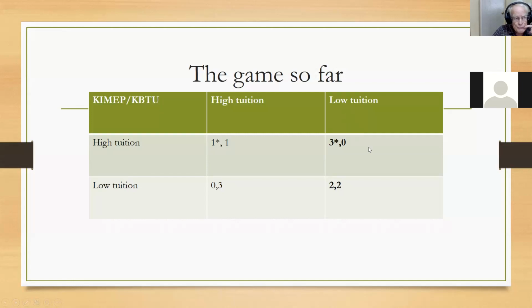The other possibility CNET must bear in mind is that KTTU could choose low tuition. In that case, CNET does better with high tuition rather than low tuition. So let's put an asterisk next to that best response. Okay, so far. Please stop me or send me a message in chat if anything is not clear.